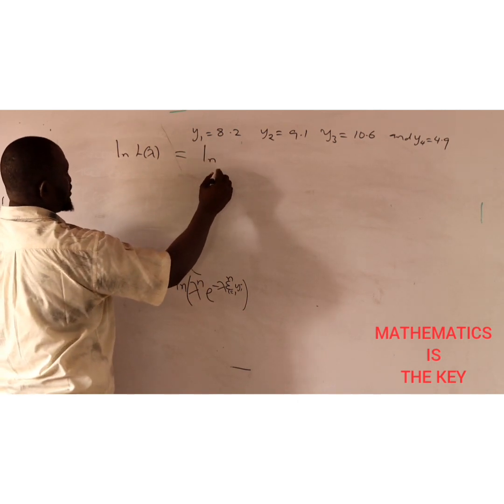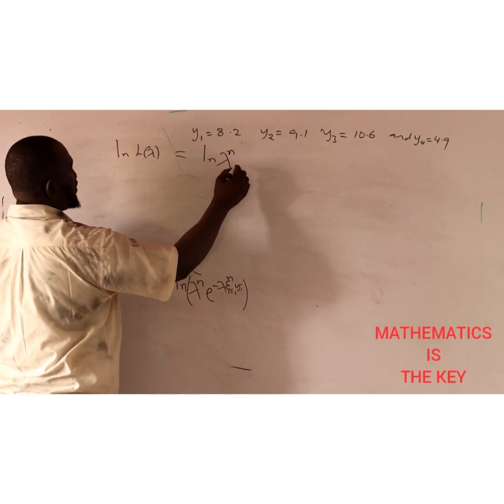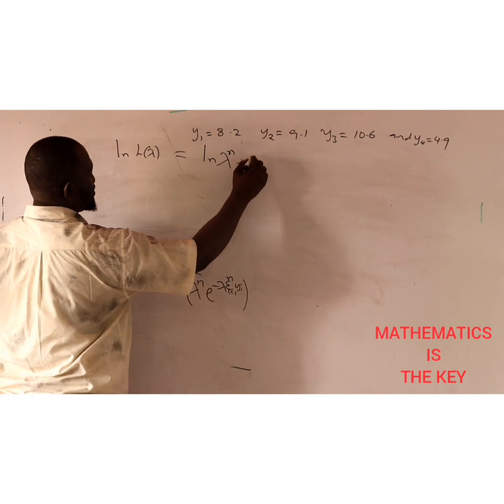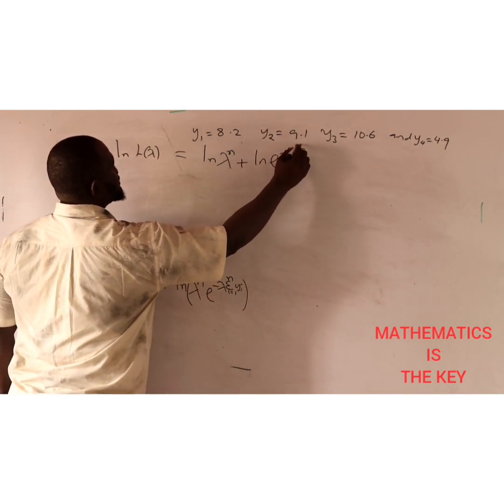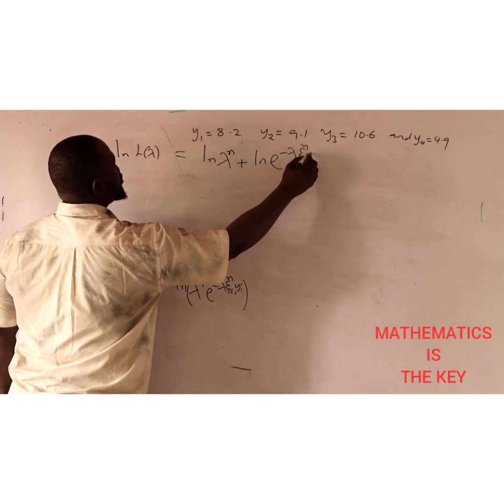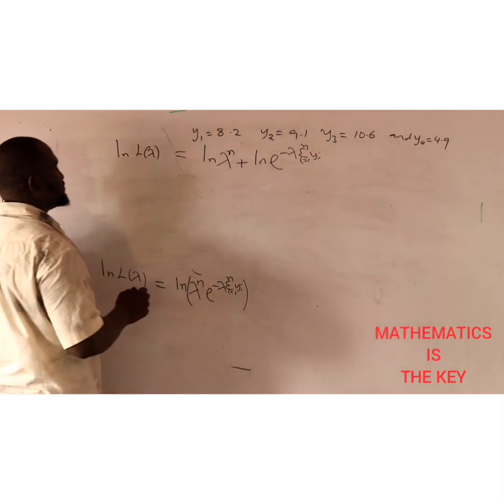So it's going to be ln of lambda to the power of n plus ln of exponential of minus lambda summation from i = 1 to n of yi.